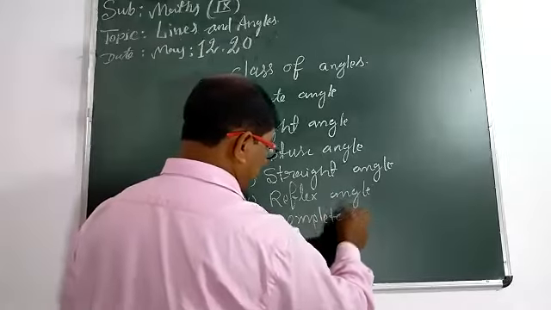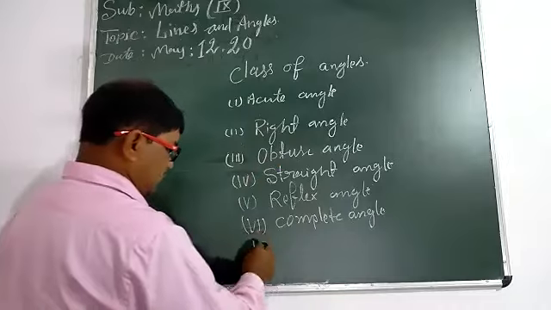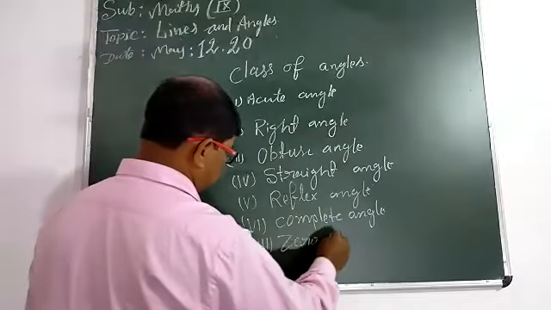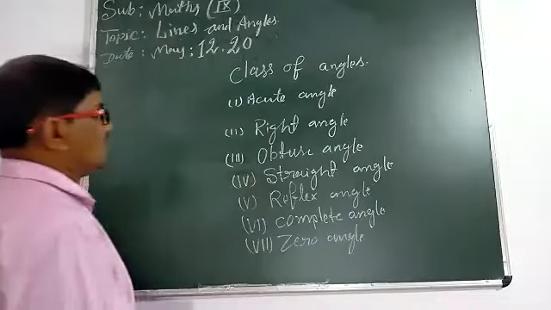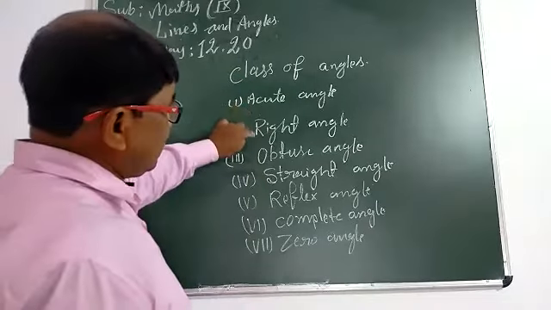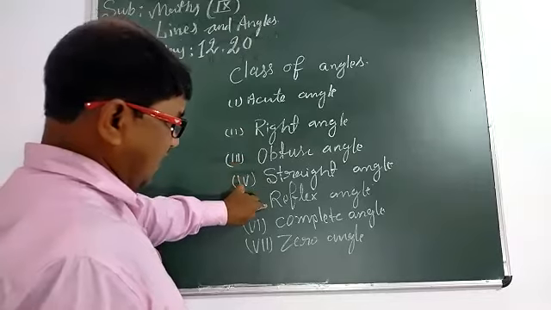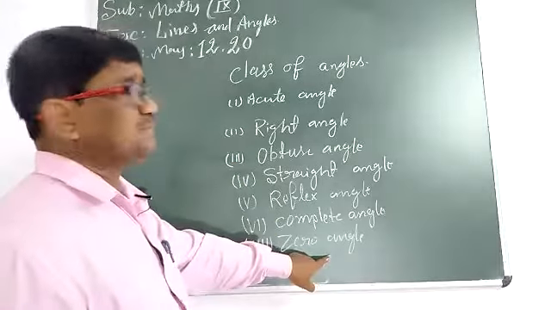You can write zero angle also. Acute angle, right angle, obtuse angle, straight angle, reflex angle, complete angle, zero angle.